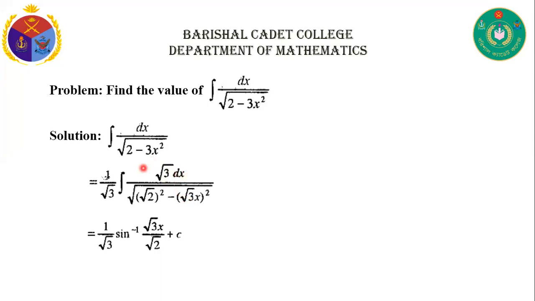So taking the 3 here, we have to take 1/√3, and the square roots of 3 cancel. Now by the formula, we get 1/√3 sine inverse of (√3 x)/√2 plus c.